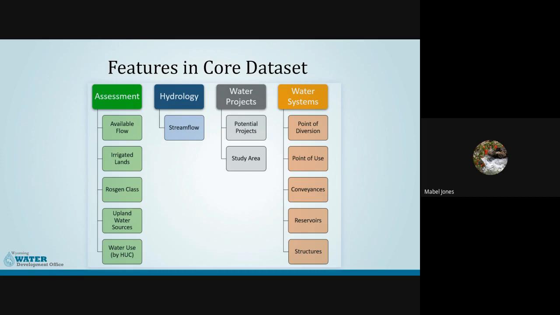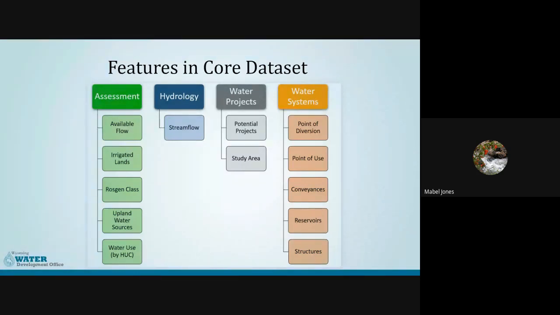The water projects data set includes the study area boundaries and tracks potential projects and their size, costs, and how these projects fit into Wyoming Water Development Office funding programs. For the water systems data sets, it's important to consider this as data that's related to the existing environment.